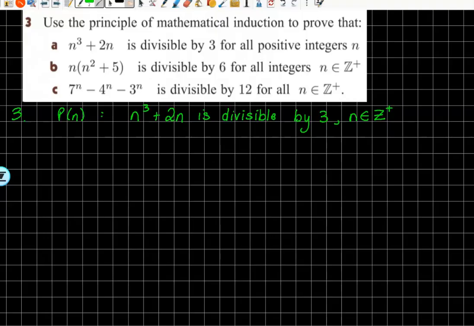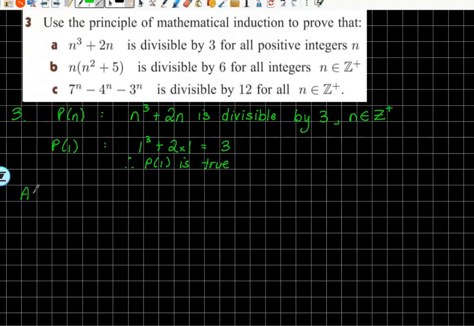Okay, positive integers, so we're going with P(1). So we would go 1 cubed plus 2 times 1 equals 3. Therefore, P(1) is true. All right, we're into the groove.